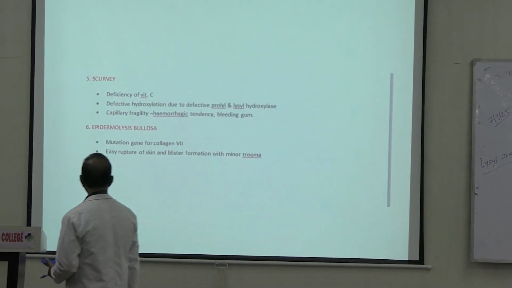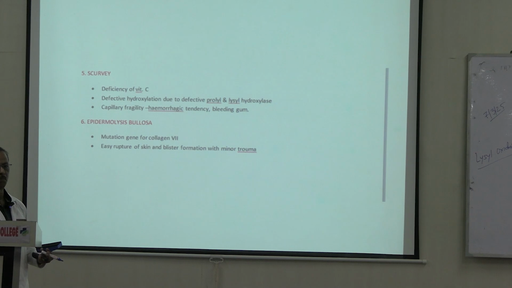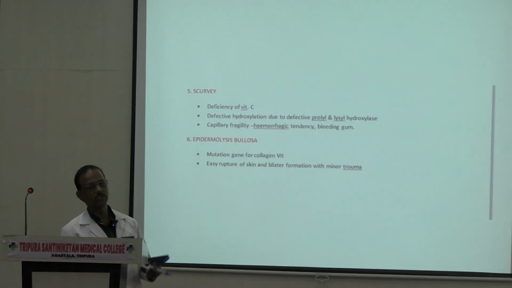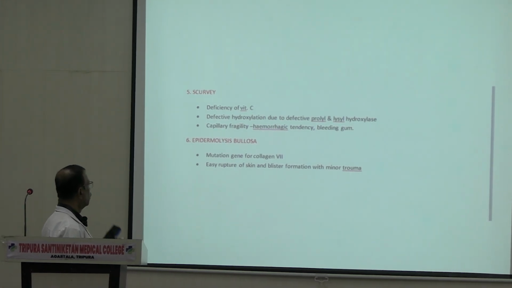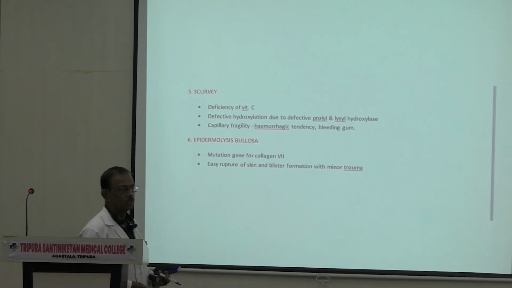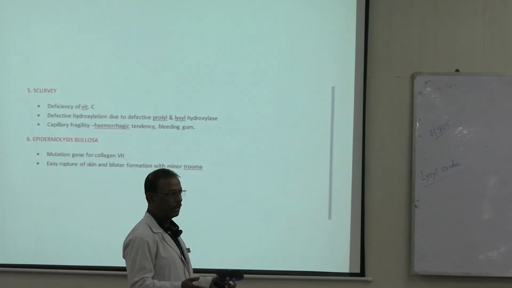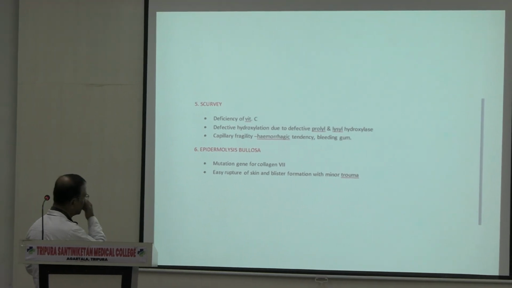There may be a hemorrhagic tendency: bleeding on brushing the teeth, and bleeding gums. So due to the vitamin deficiency, abnormal collagen formation is there, and that causes bleeding and capillary fragility problems.